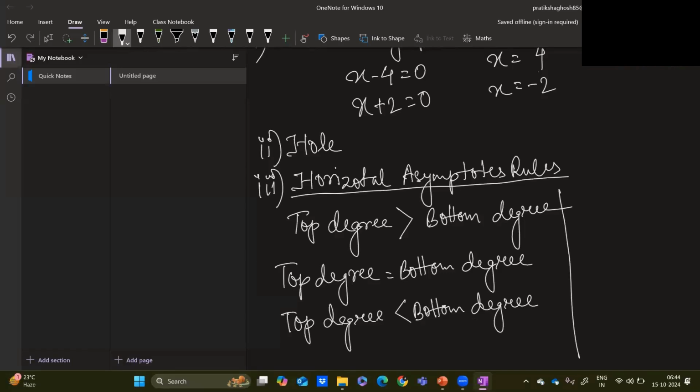If the top degree is bigger than the bottom degree, what will we get? No horizontal asymptote, right?